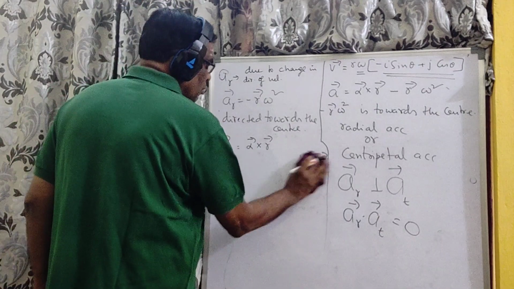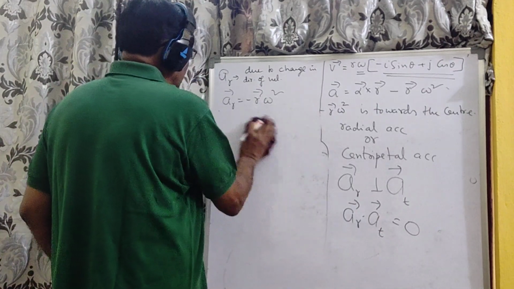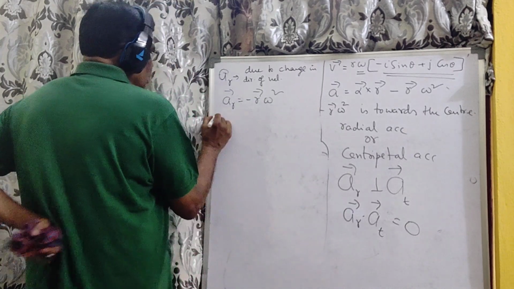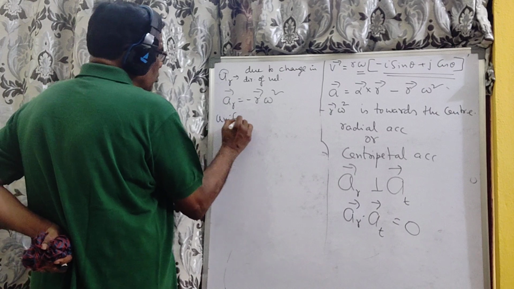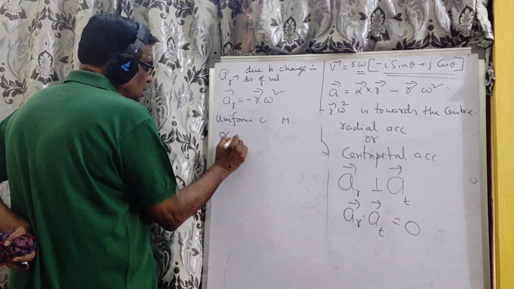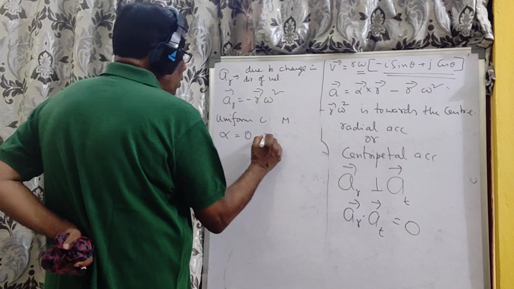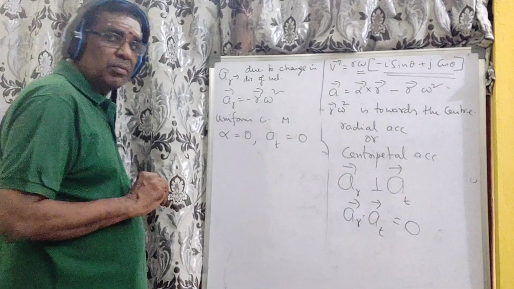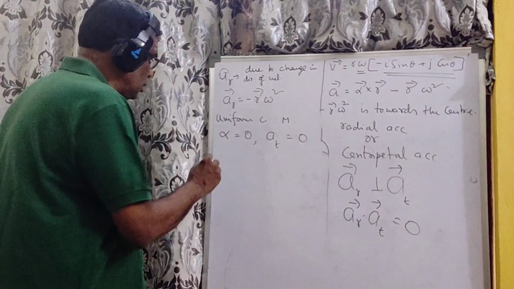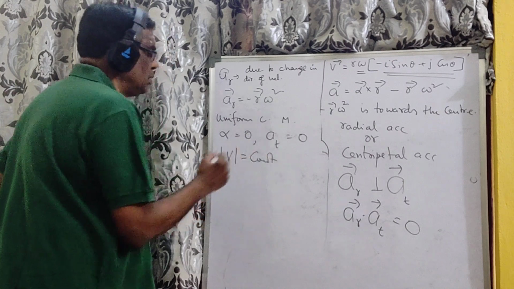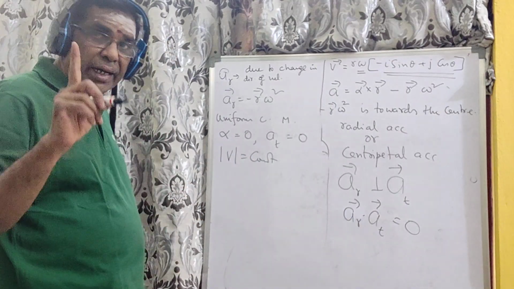Okay? Now, with this background, if I discuss uniform circular motion, means alpha 0, then AT 0, because mod V is constant. Direction changes.